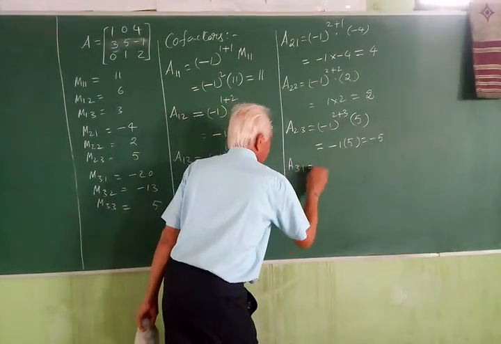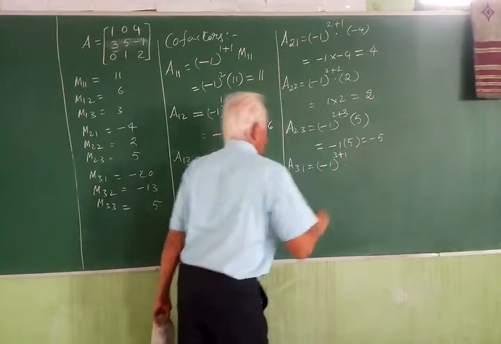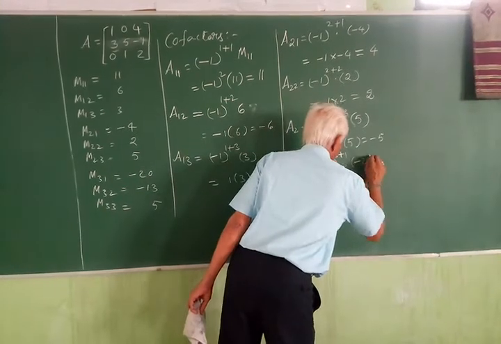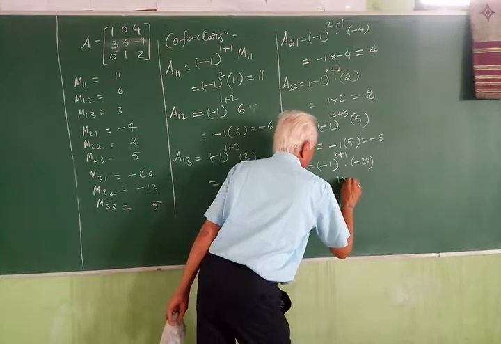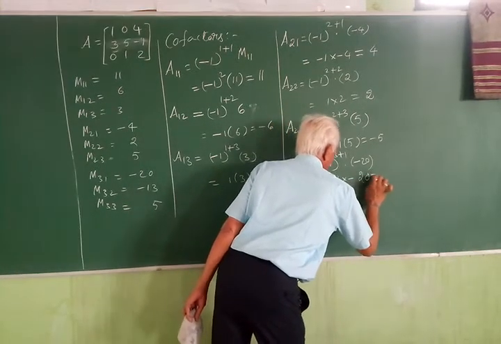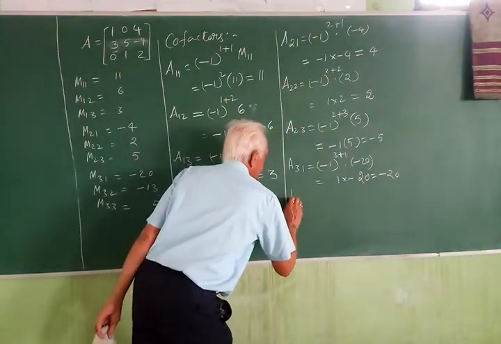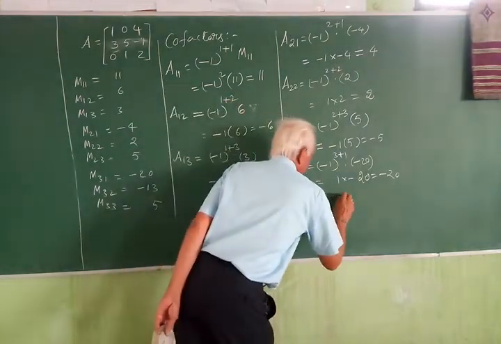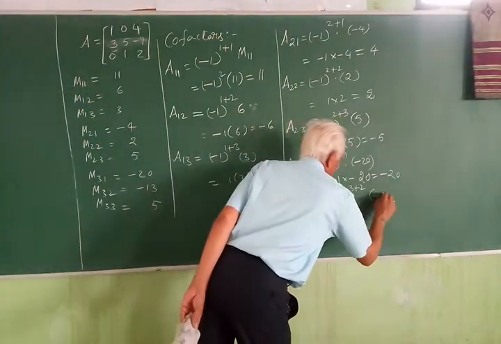A31 is equal to minus 1 power of 3 plus 1 into M31. M31 is how much? Minus 20. So this is equal to minus 1 whole power 4 is 1 into minus 20 is equal to minus 20. Then A32 is equal to minus 1 power of 3 plus 2 into M32, which is minus 13.